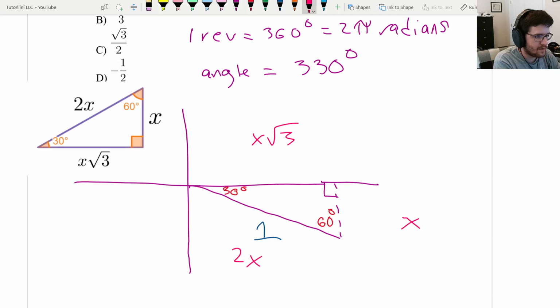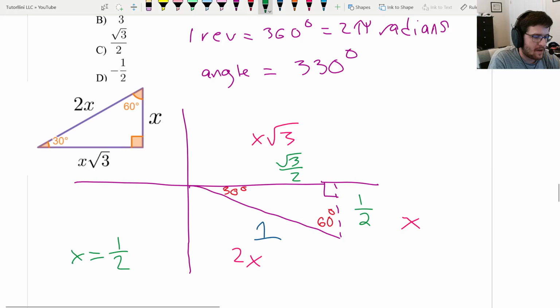So 2x is equal to 1, which means that x equals 1/2. So this side is 1/2, and then 1/2 times root 3, or root 3 over 2.